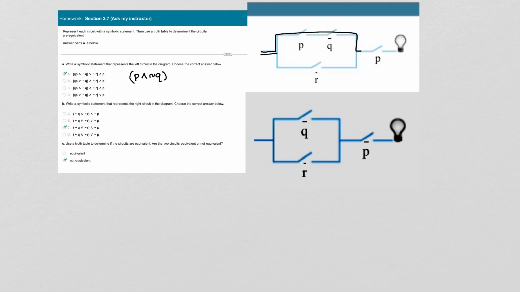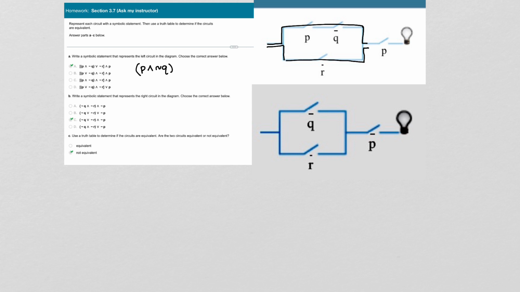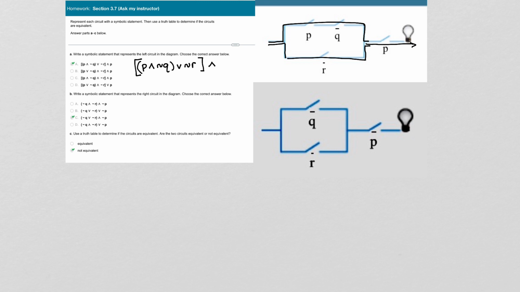Or you can go through the bottom, and that's not R. And then we have to go through P. So there's and P. So that's the first one.